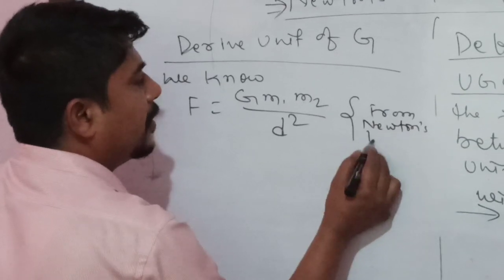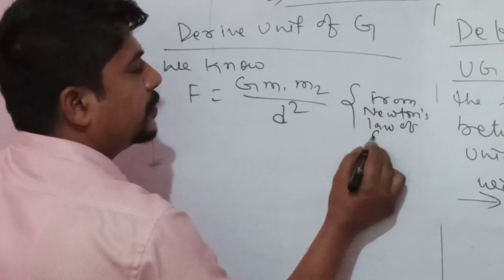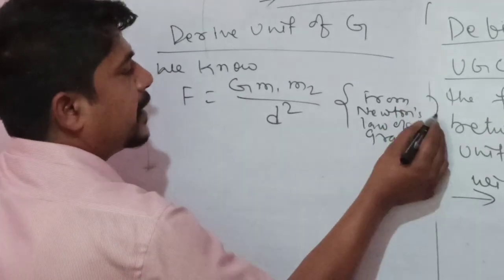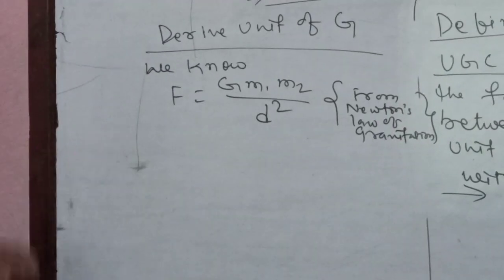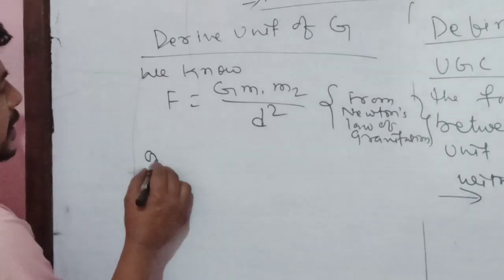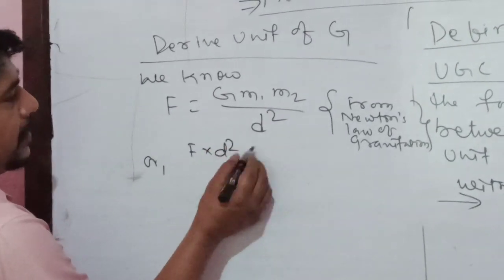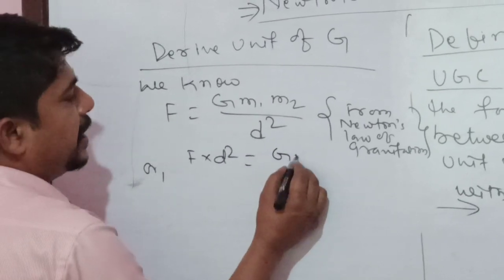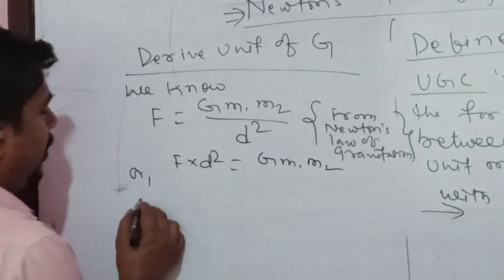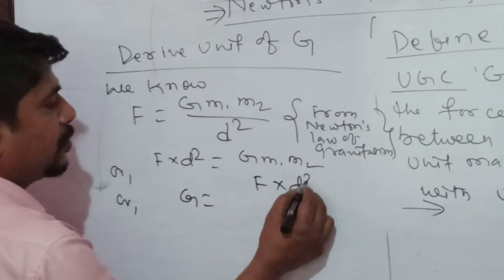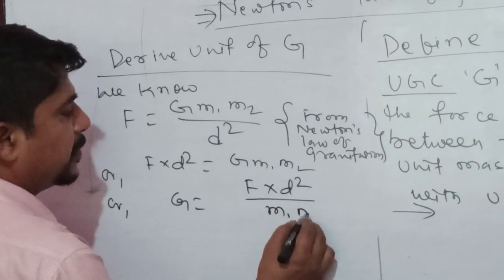From Newton's law of gravitation, we know this. So from here, cross multiplication gives F into d square equals G m1 m2, or G equals F into d square upon m1 m2.